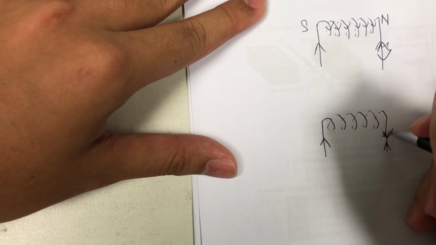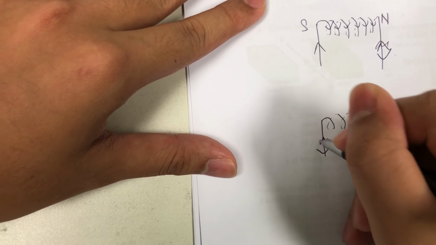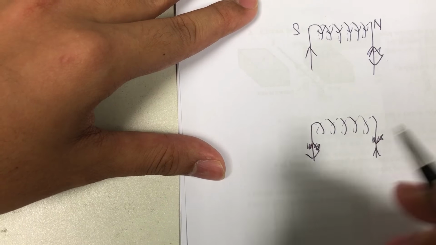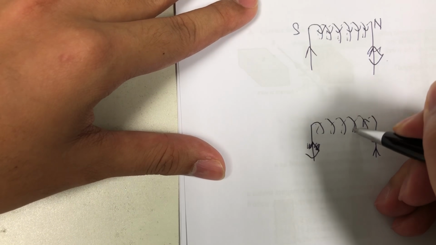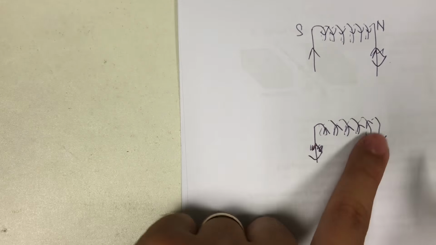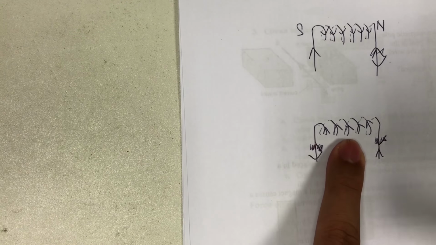Now my current is reversed, it's going in from this side and coming out from this side. We will expect that the current on the solenoid that is nearest to me would point in the upward direction.